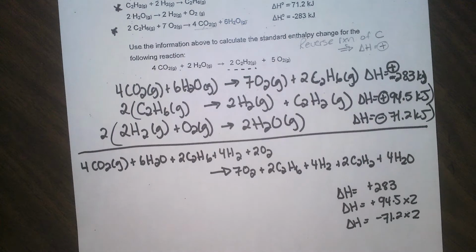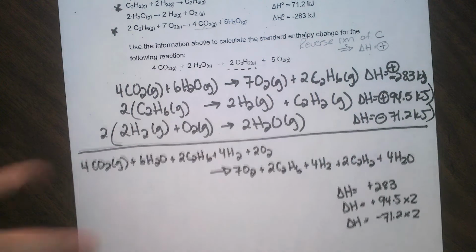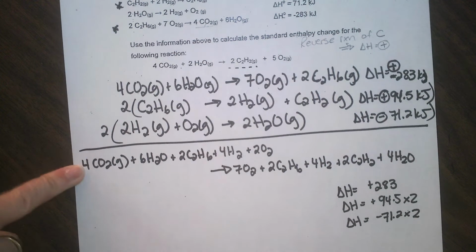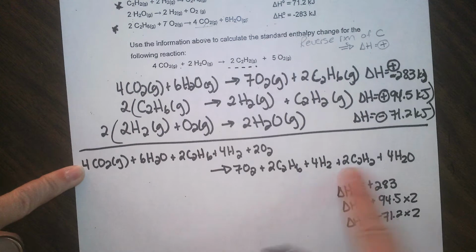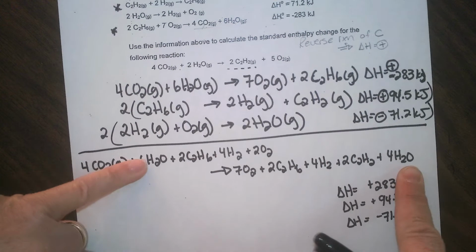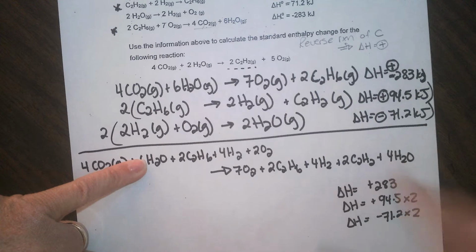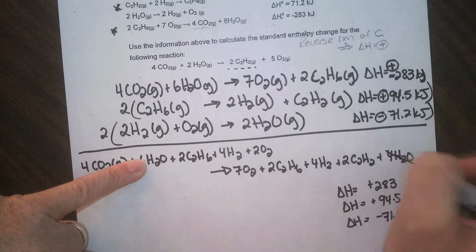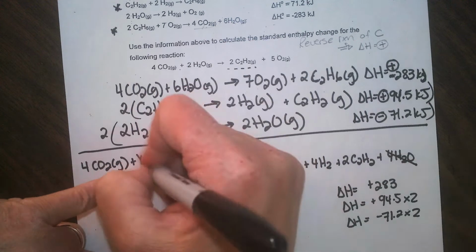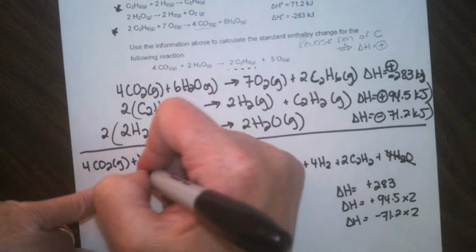This is my total reaction. So if I look, I have 4 CO2s on the product side. I have none on the reactant side. I have 6 waters here, and I have 4 waters here. So I'm going to cross off these 4, subtract 4 from 6 is going to leave me 2.